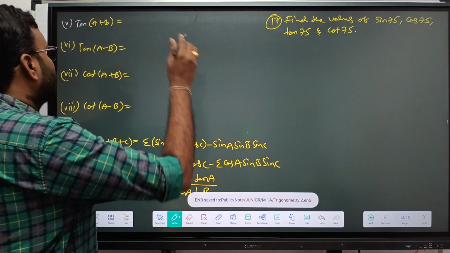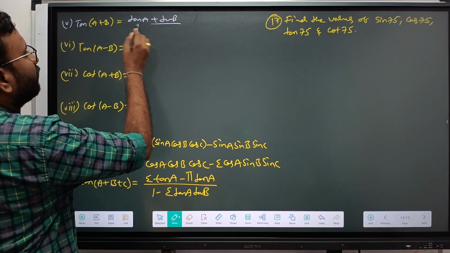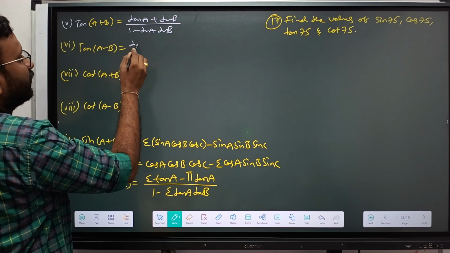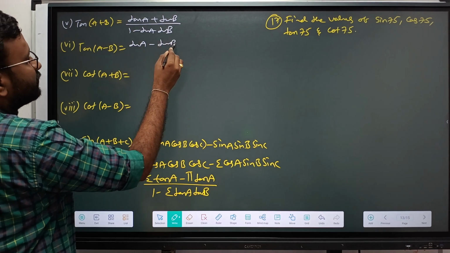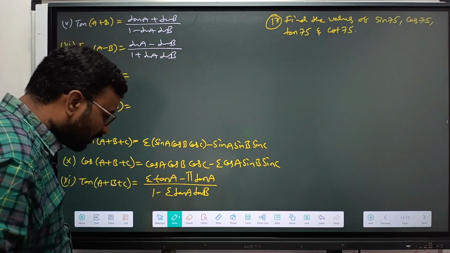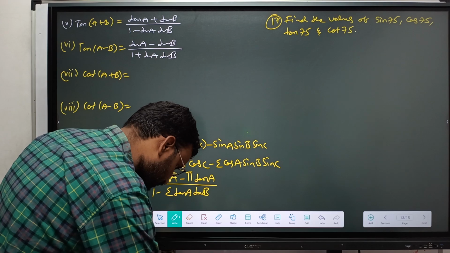What about tan? Tan of A plus B is tan A plus tan B by 1 minus tan A tan B. Tan of A minus B is tan A minus tan B by 1 plus tan A tan B. For cot it is different.